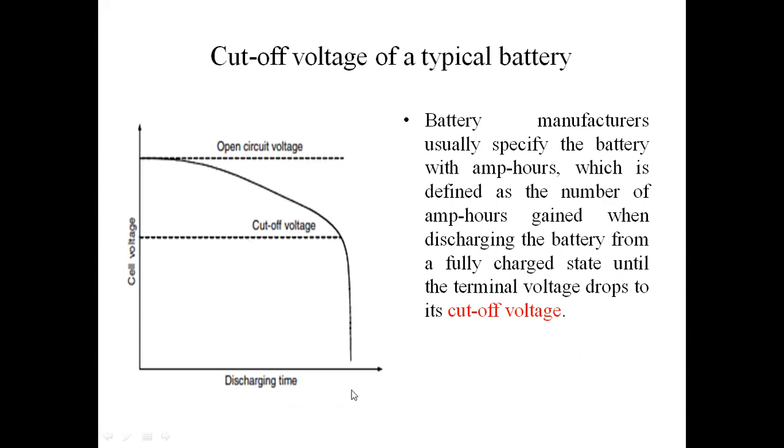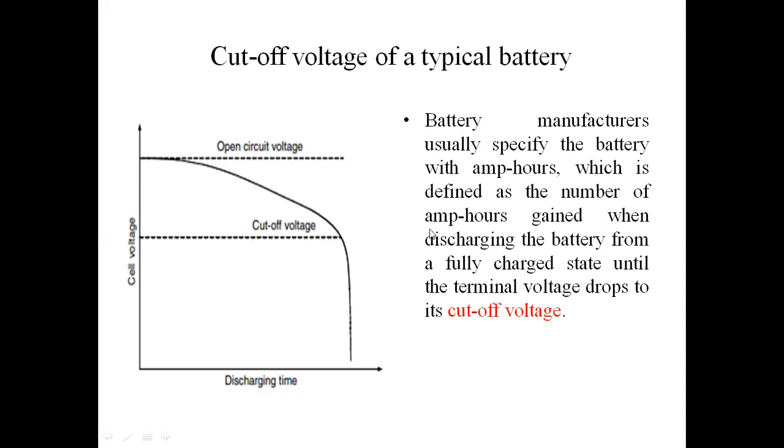This axis is the discharging time in ampere hours. Here, this decline is the discharging curve. This is the cutoff voltage region, and this is the cutoff voltage line.